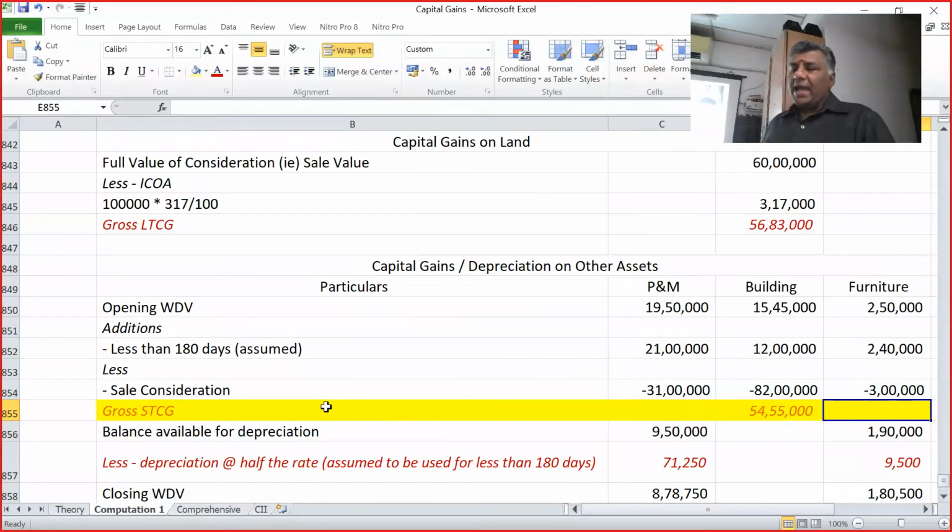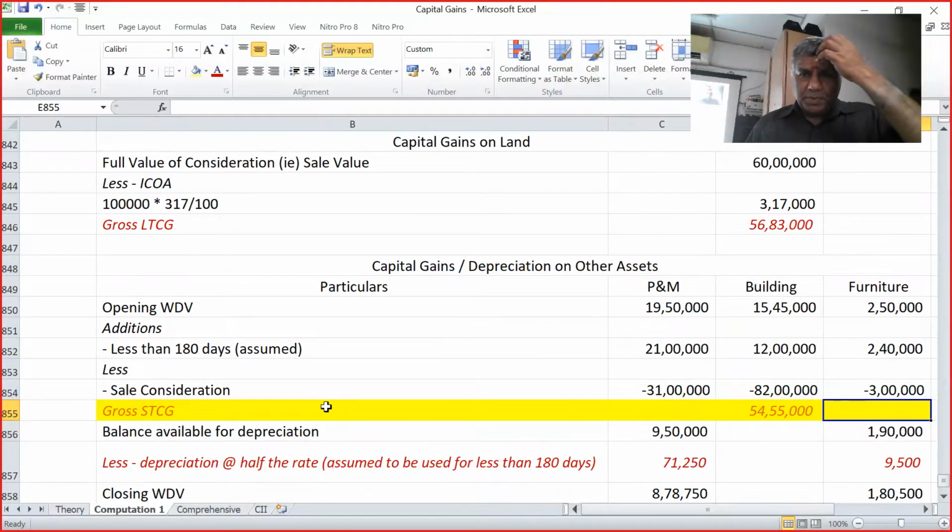The point is, I have an LTCG of 56 lakh 83,000, STCG of 54 lakh 55,000. Am I clear to you, everyone?